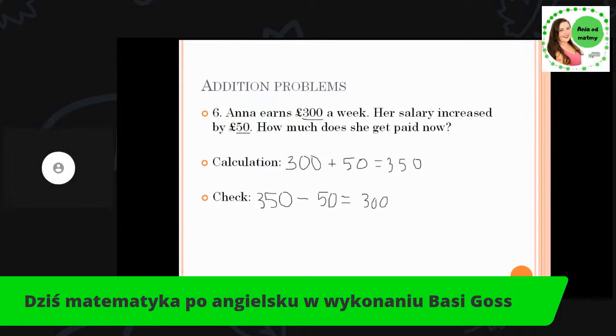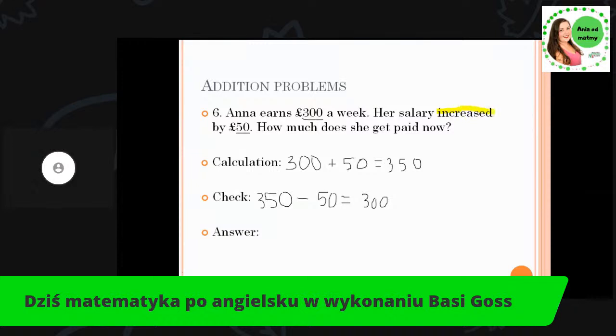Okay, and the answer using a sentence is... I'll give you time to think about the answer. And I'm going to find the word in the problem that is suggesting that we should use addition. And the word is increased.